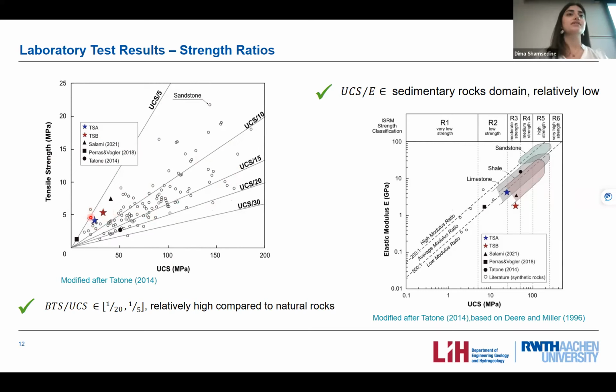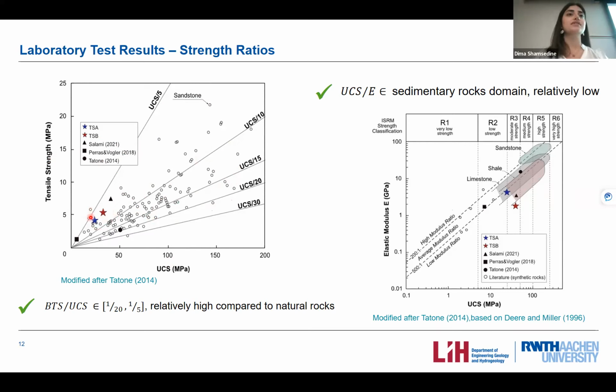So all the data points on the left of the Mogi line, we know that they have failed in the triaxial conditions in a brittle manner. So the post-failure behavior was brittle, and all the data points on the right side of the Mogi line had a post-failure behavior which is ductile.